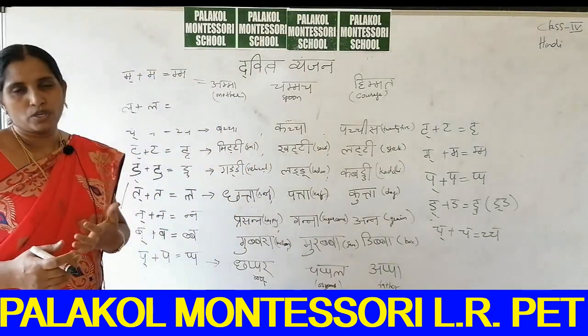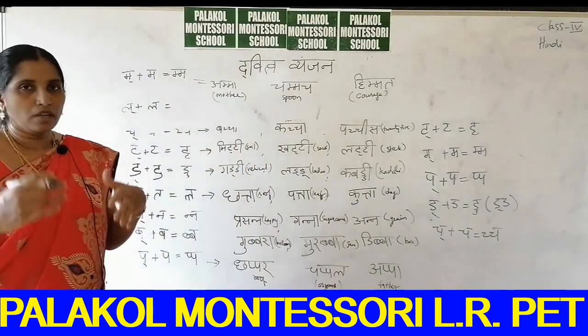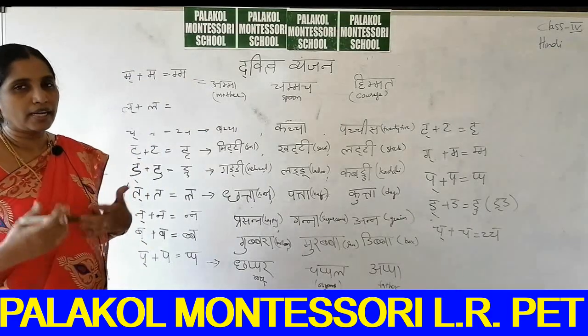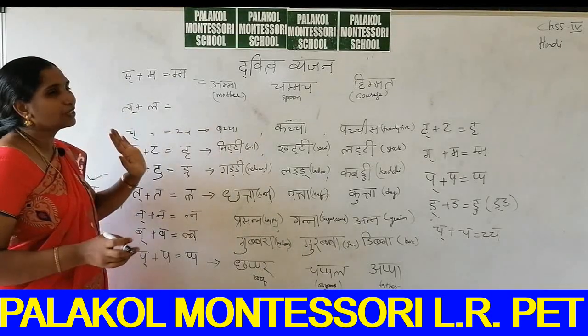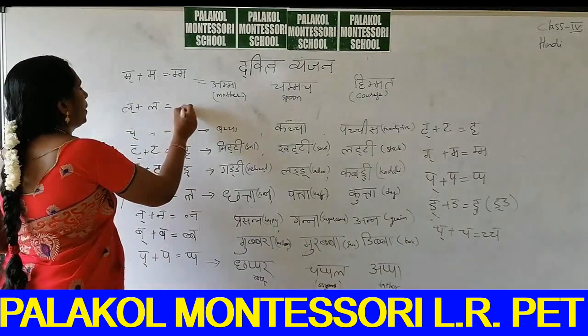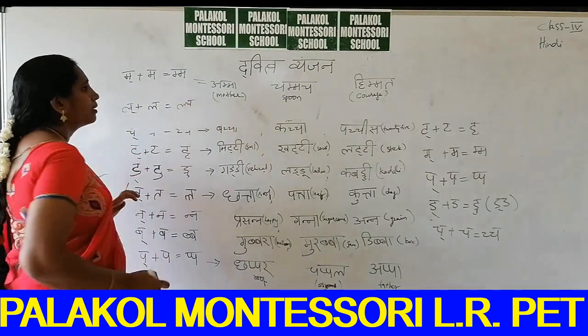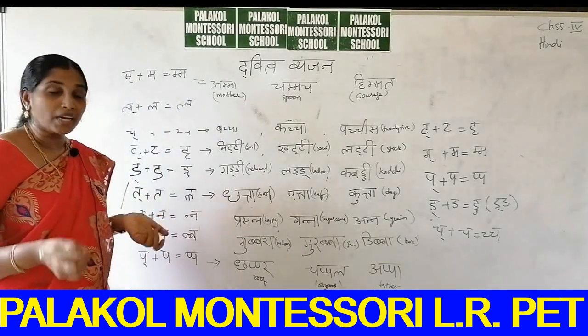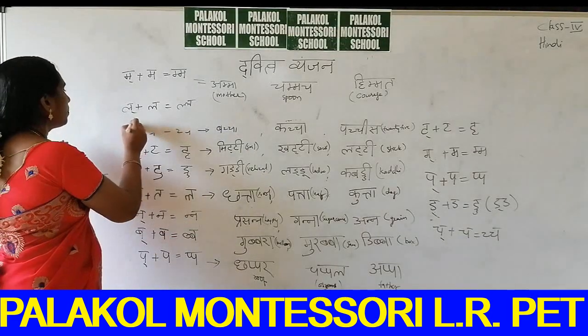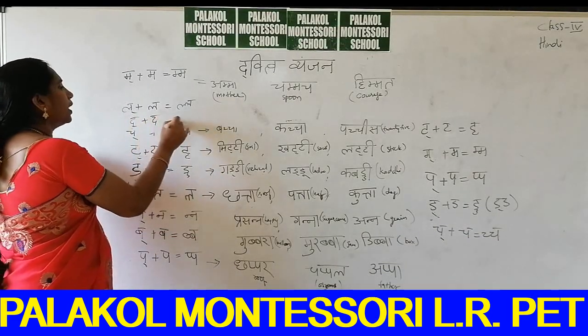You pronounce at home. Understand what I am telling? So at home you practice and learn this. It will be easy to read Hindi properly. So la plus la is equal to lla. Okay. So like that. Ma plus ma, na plus na, da plus da. Da plus da is equal to dda.